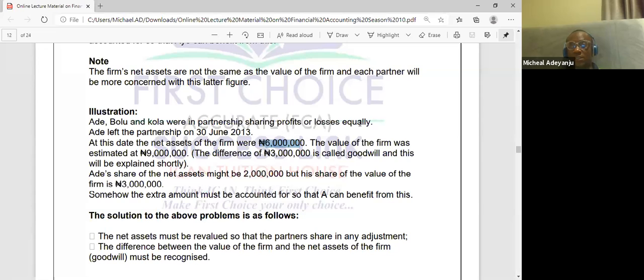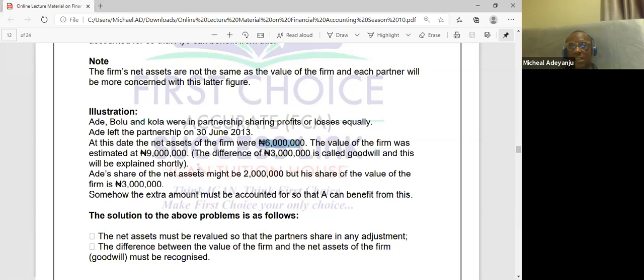Remember, they are to share their profit or loss equally. And they have a 3 million naira increase. So how much is Ade's portion in this 3 million naira? That is 1/3 times 3 million, which is 1 million naira.